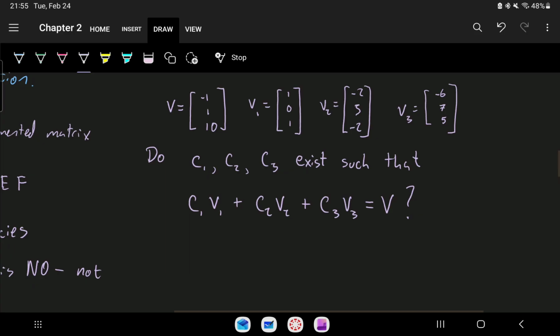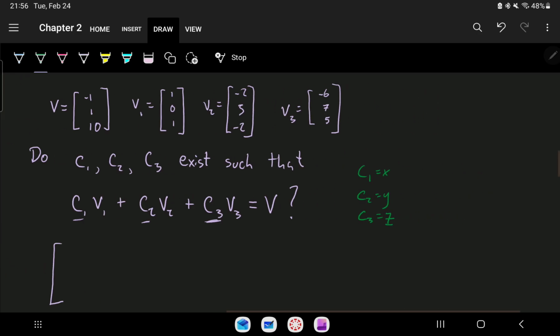So I'm not going to do this full example, but just so you can see how to set this up. In order to answer this, we're trying to find if there is some number for each of these vectors, right? We can think about these scalars C1, C2, and C3 as if they were X, Y, and Z. If it helps you to call C1 X, C2 Y, and C3 Z, well, by golly, we've seen this before.